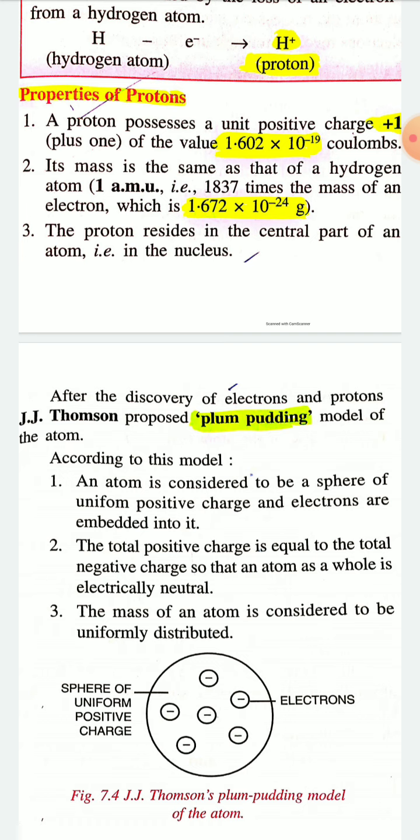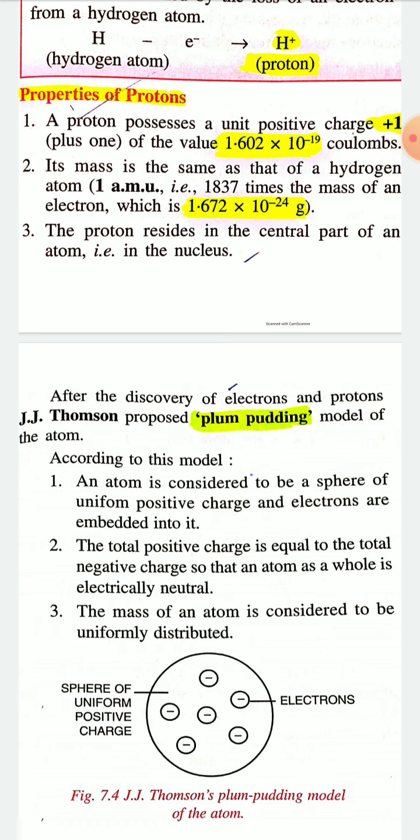But the charge of proton is plus 1.602 into 10 to the minus 19 coulomb, and the mass of proton is 1 AMU. That is, proton is 1837 times heavier than the mass of an electron.